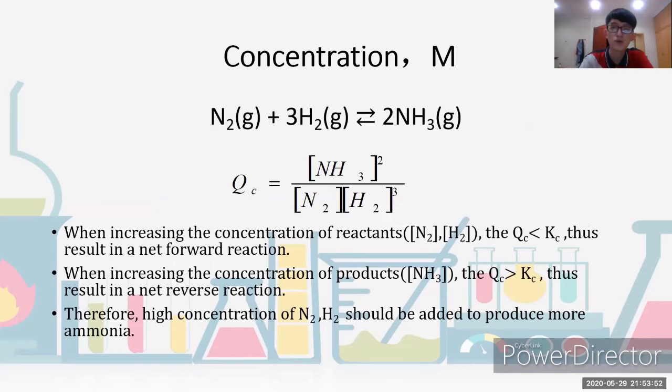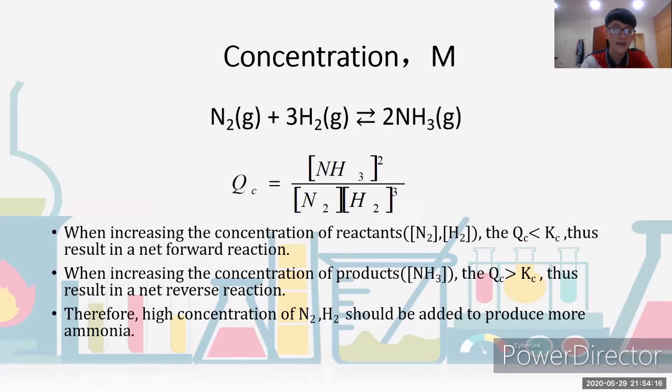The last factor will be the concentration. The following is the reaction of the Haber process and the expression of Qc. When increasing the concentration of the reactants, which are nitrogen and hydrogen, the value of Qc will be lower than the value of Kc, resulting in a net forward reaction.